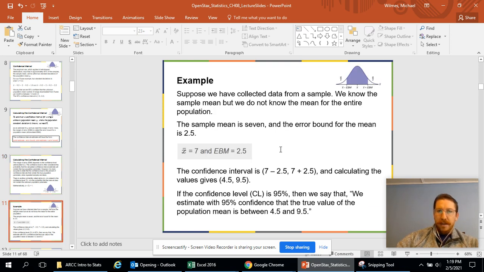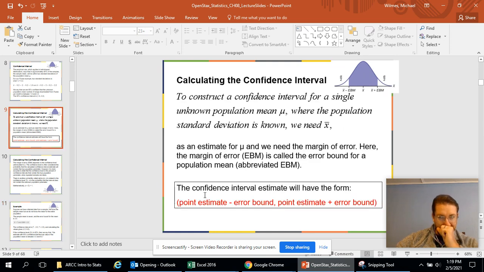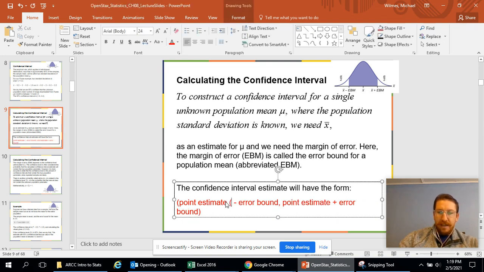All right. So suppose we collect data from a sample. We know the sample mean, but we don't know the mean for the entire population. The sample mean is 7. The error bound for the mean is 2.5. The confidence interval, so if they give us the average, they give us the error bound, we can go back to our main formula here. The point estimate is also known as the average.